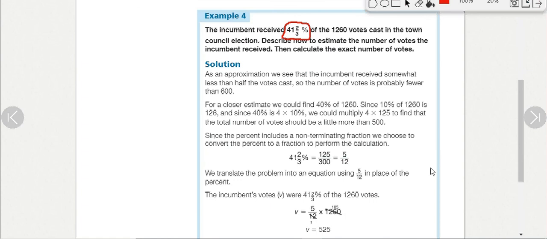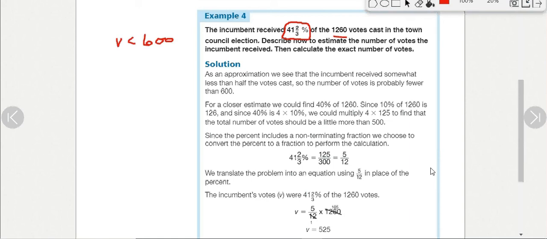That's kind of like 50%, but a little less. And what's 50% of 1260? 630. What's a little less than 630? Well, it's going to be less than 630, so maybe like 600 or maybe even less than that. Less than 600. How about that? The number of votes is probably less than 600.